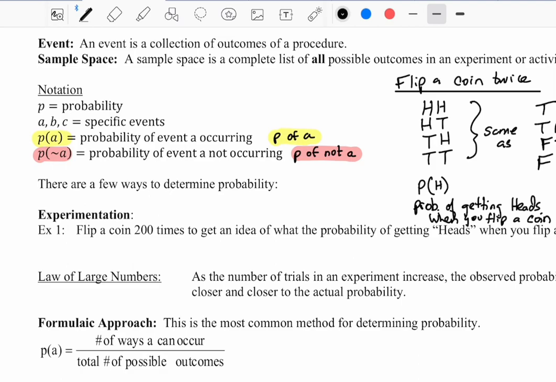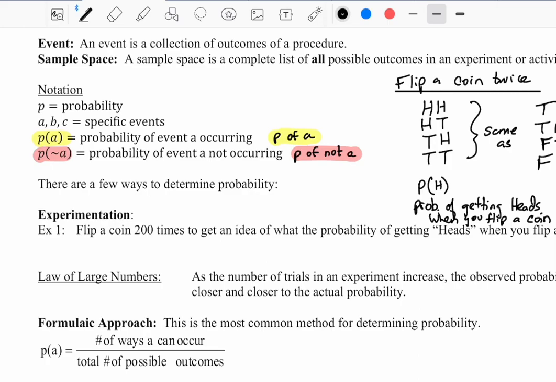Like, I'm going to flip a coin. What's the probability of getting heads? I have no idea. Let me flip it 5,000 times and see what happens. Yeah, you could do that, but I would never ask you to actually literally flip a coin that many times. We use technology. I could simulate flipping a coin 200 times very easily using Excel.